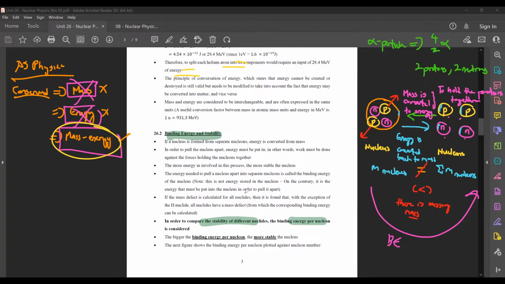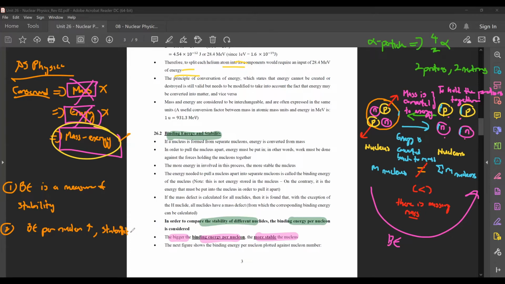When binding energy per nucleon is higher, your nucleus is considered to be more stable. Binding energy is a measure of stability, simply put. So if you see the binding energy per nucleon increase, stability generally increases.